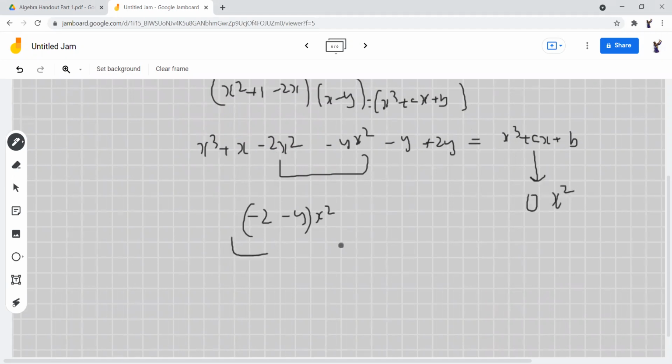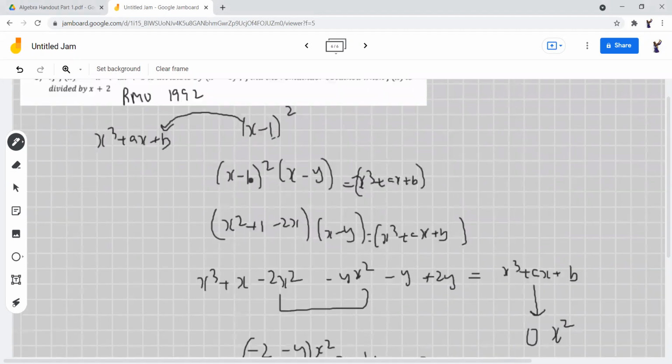To make this part 0 x square, y must be equal to minus 2. Y must be minus 2. When y equals minus 2, then this part becomes 0. So we get y equals minus 2.